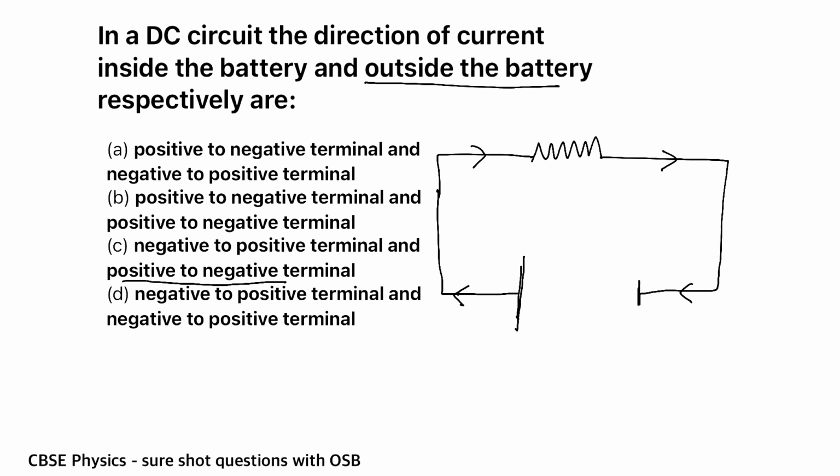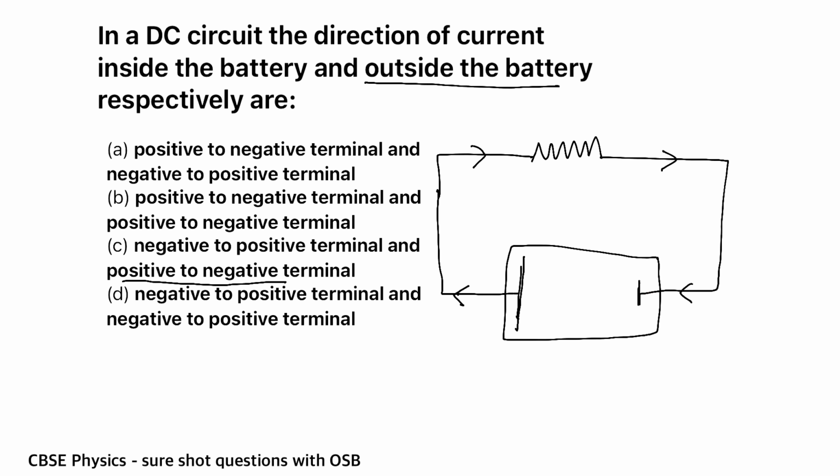Now inside the battery, what is happening? Inside the battery, by using its chemical energy, electrons are pushed from positive terminal to negative terminal like this. Electrons will be flowing in this direction.